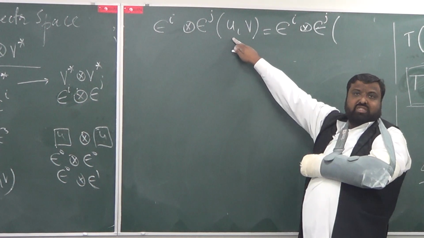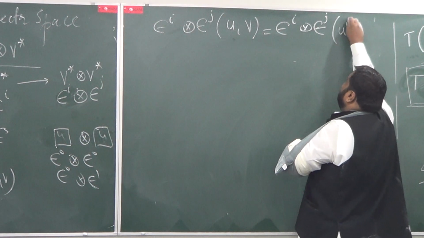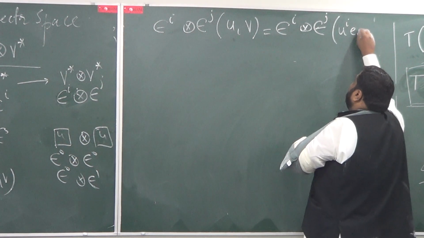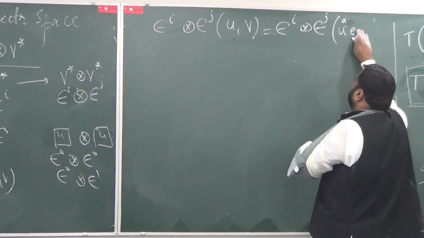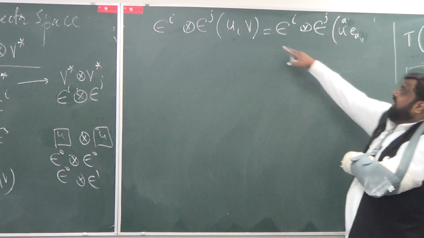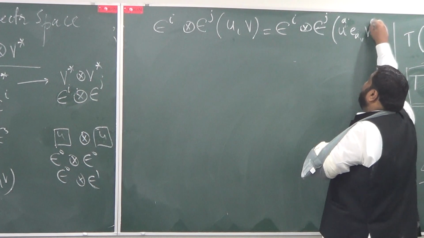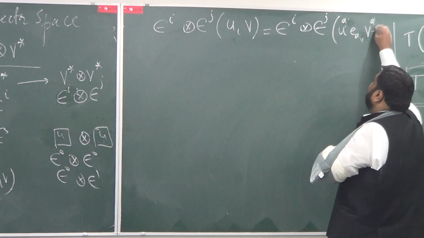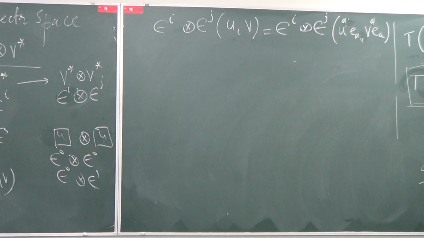I can write u in the summation convention, so it is going to be u^a e_a, and v would be v^b e_b, because both are vectors. They are elements of V, not the co-vectors.